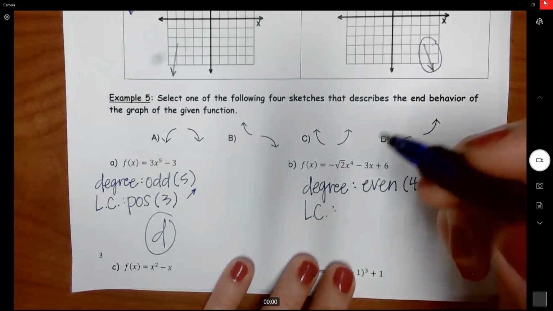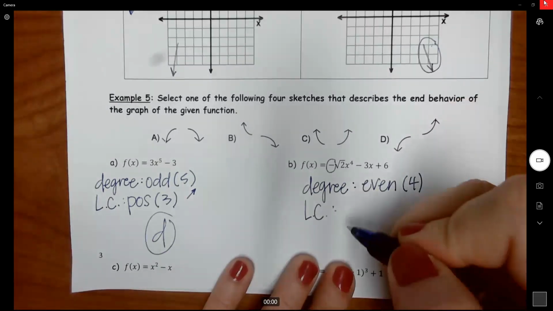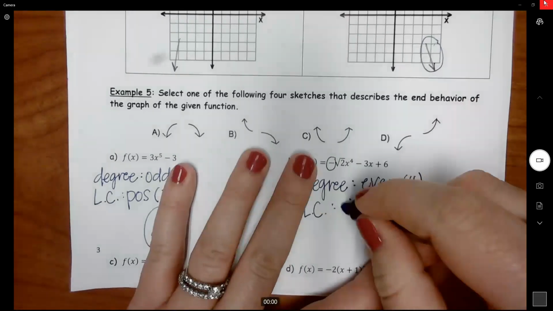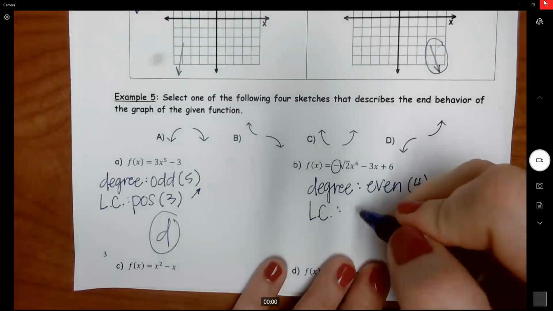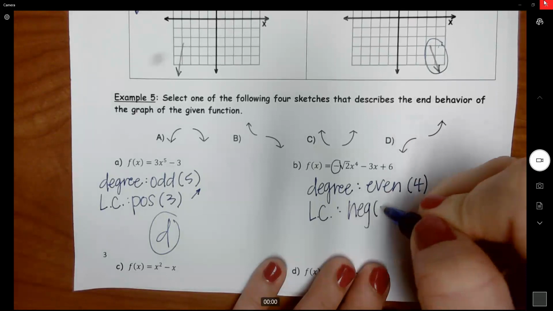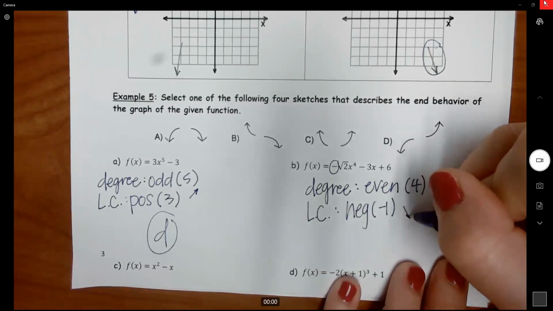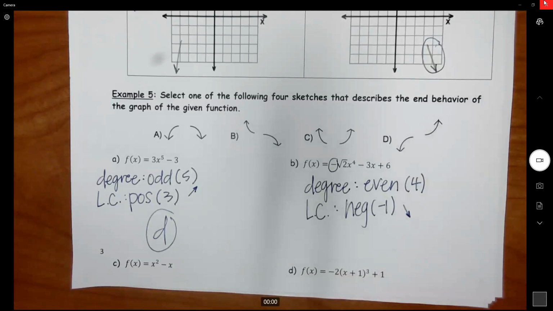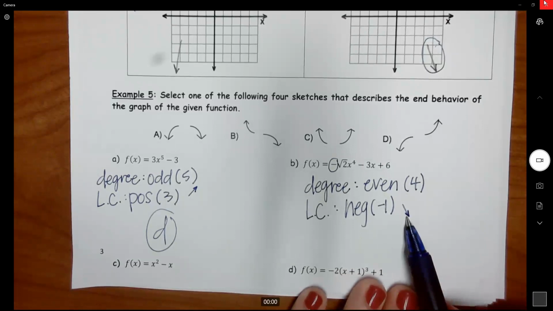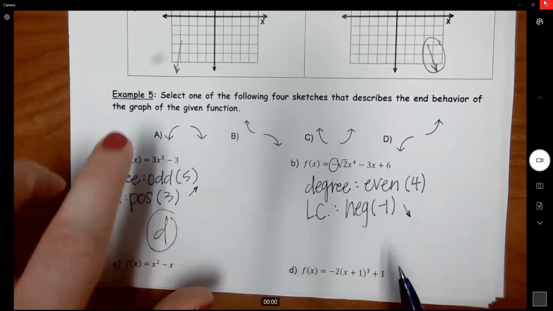My leading coefficient here is a -1. So my leading coefficient is negative. Because it is negative, that means that it ends going down. So which one ends going down, but because it's even, is together, and that's A.